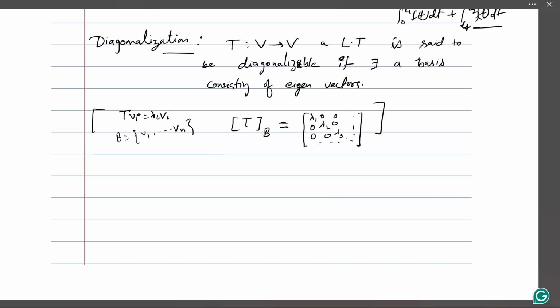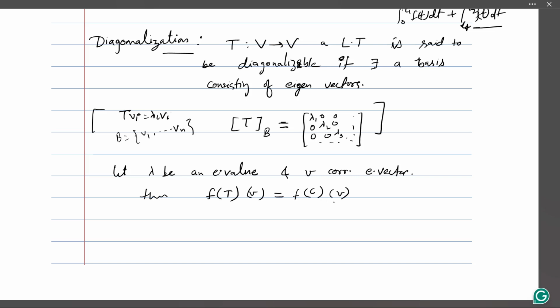So some results about this: if you have this T from V to V, let lambda be an eigenvalue and V the corresponding eigenvector. Then T^2 of V is the same as lambda squared V, because once you have Tv equal to cv, what will be T square of V?